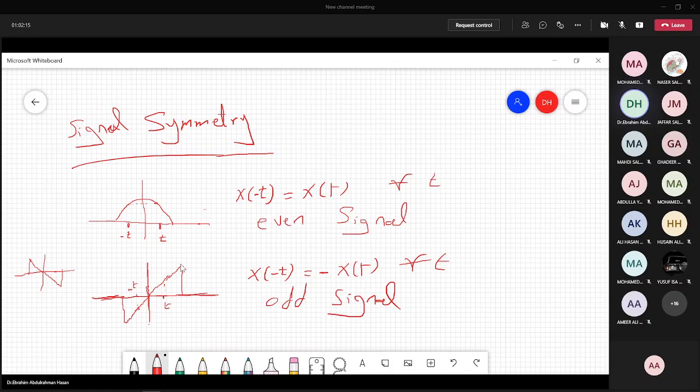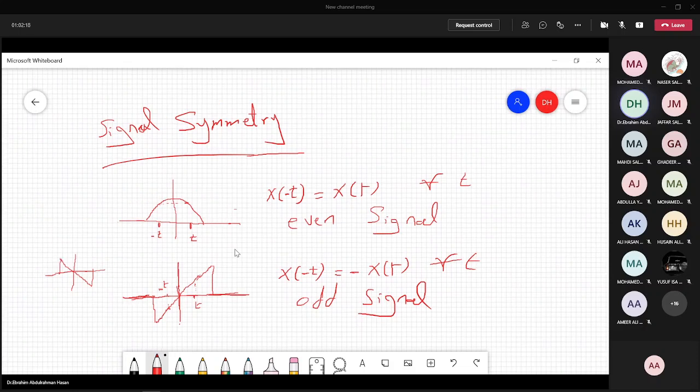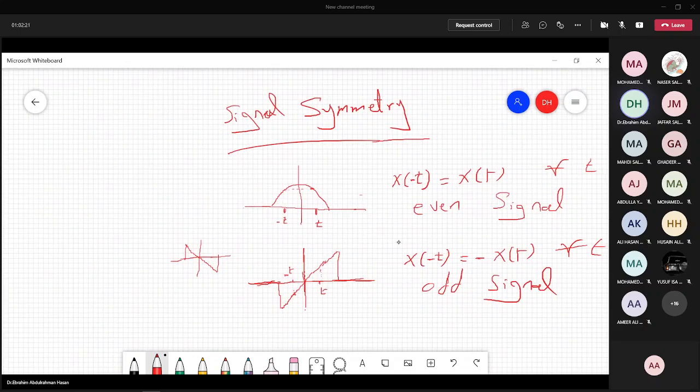And the same thing for discrete. If this is 0, 1, 2, 3, minus 1, minus 2, minus 3, then whatever we have at 1, we have it at minus 1. Whatever we have at minus 2, we have it at 2, and whatever we have at 3, we have it at minus 3.